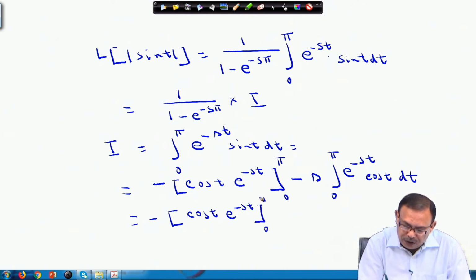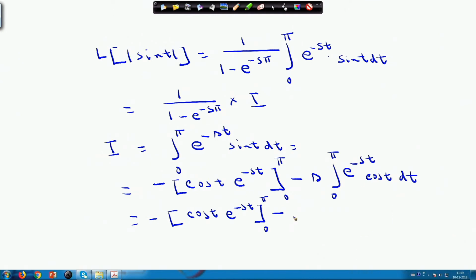Again repeating the earlier process by parts, we obtain minus s sin t e^(-st) from 0 to pi, minus s squared times the integral from 0 to pi of e^(-st) sin t dt.